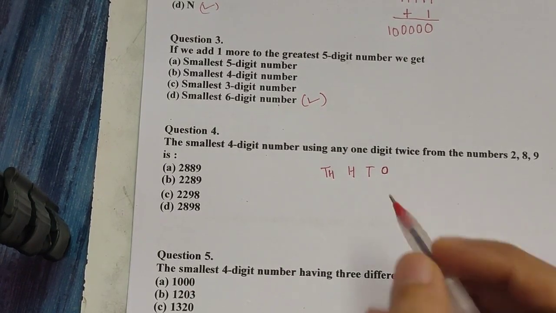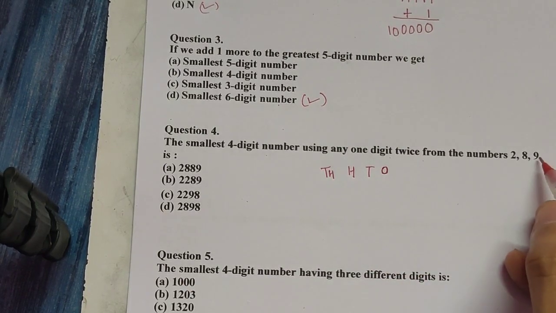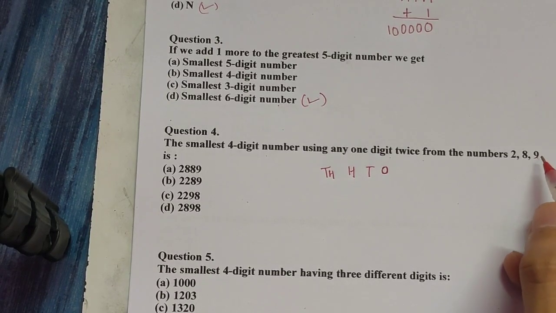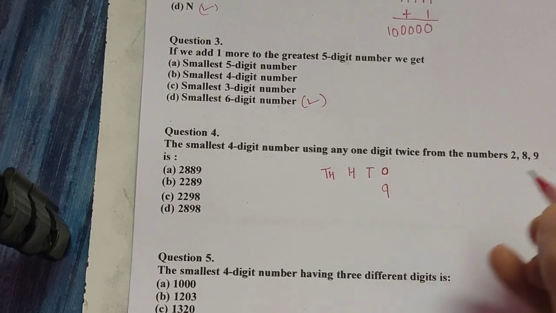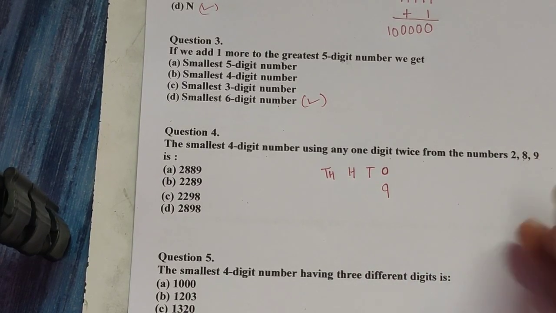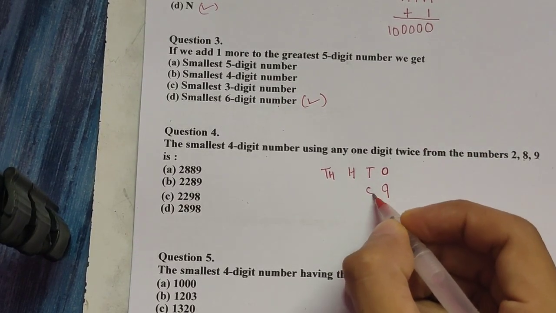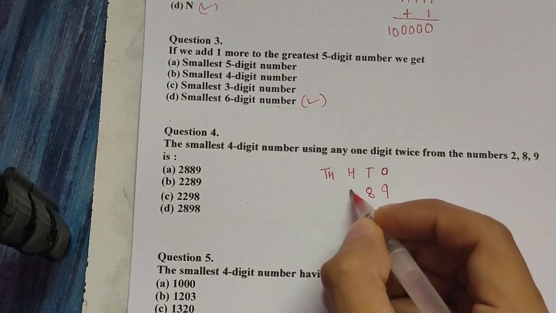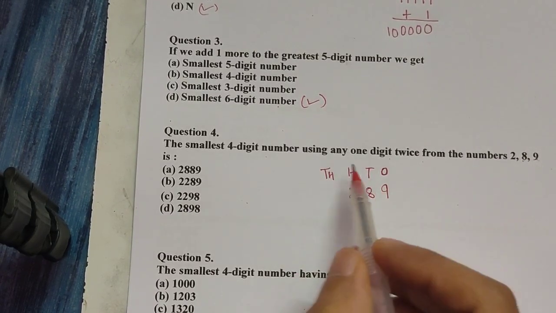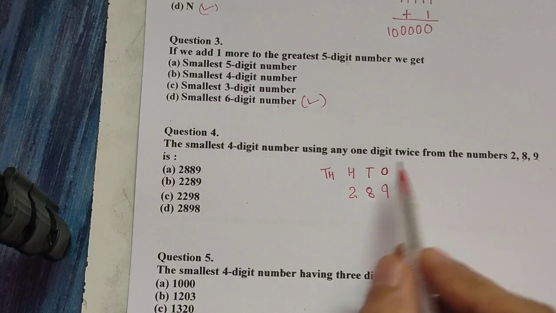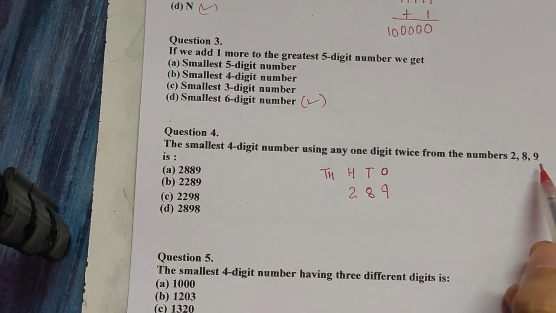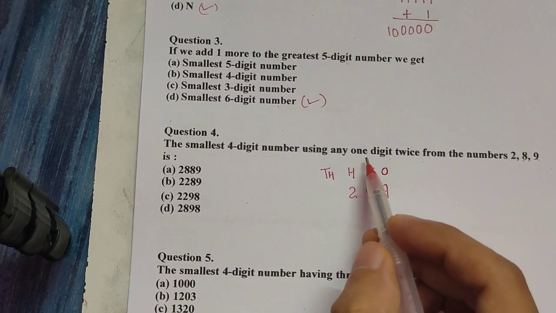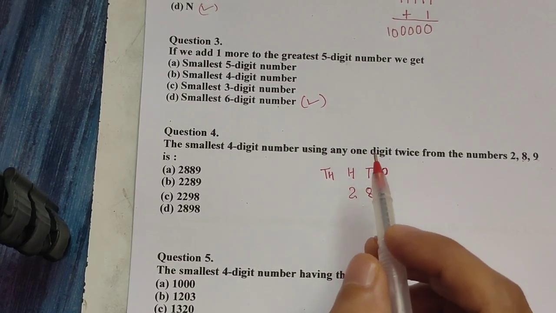So obviously at the ones place I will put the highest number, the biggest number. Here among 2, 8 and 9 it's 9. Then I will put 8. Then I will put the smallest number at the starting. Now they have asked that 1 digit can be used twice to make the 4-digit number, as we have been given only 3 digits. So we have to repeat one more digit.